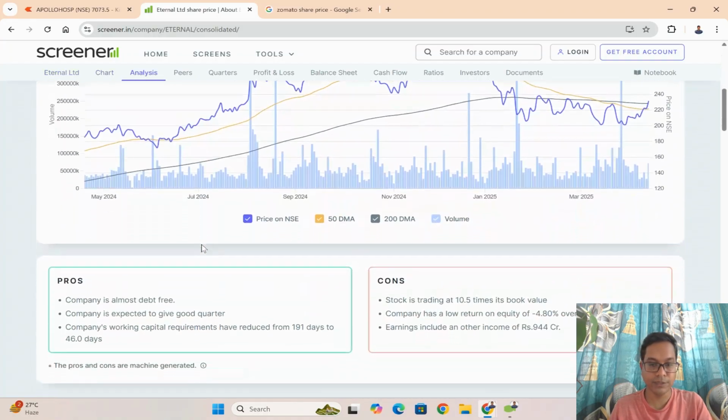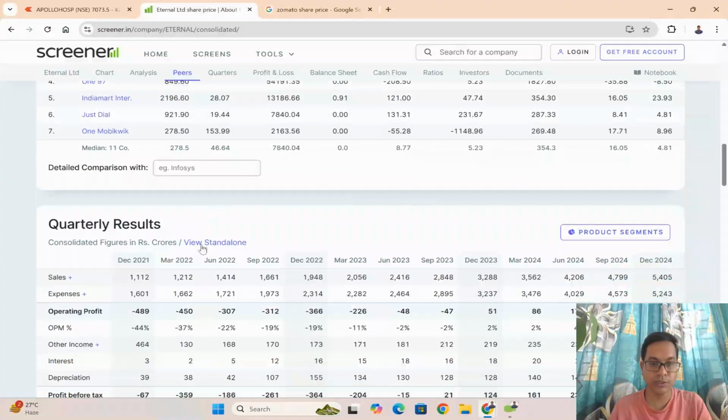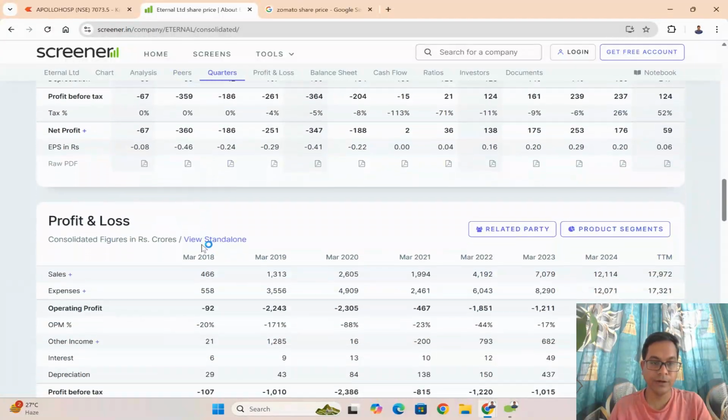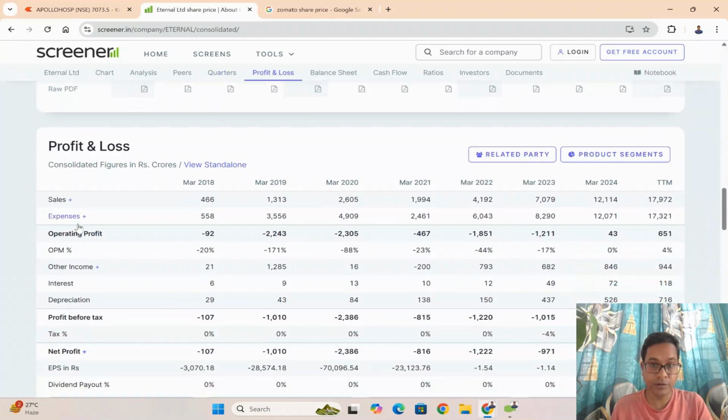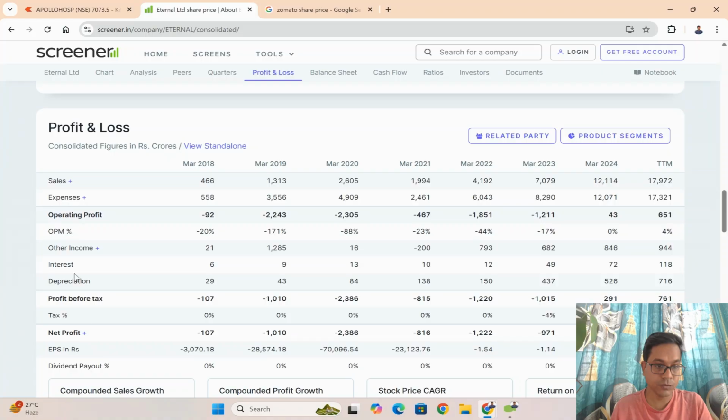Now what you can check. The first thing you should do is go to the section called profit and loss. The last few years of data will be here. There will be so many things: sales, expenses, operating profit, OPM percentage, other income, interest, depreciation, profit before tax, tax percentage. Here you just have to look at two things.